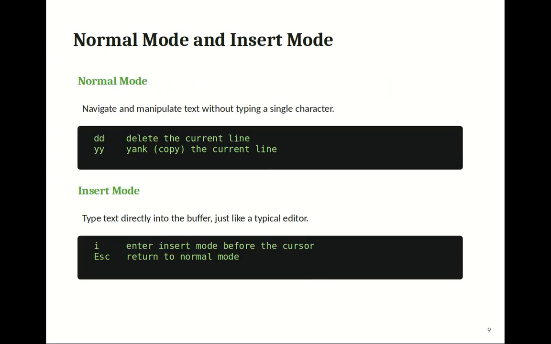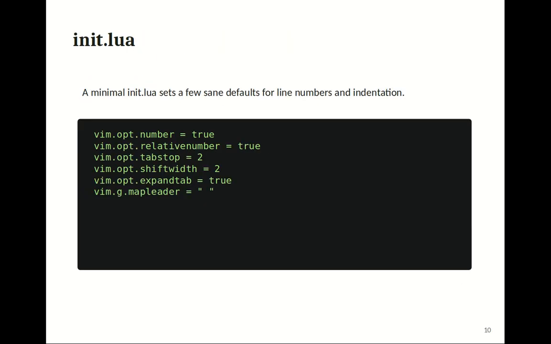Normal mode and insert mode. Normal mode: navigate and manipulate text without typing a single character. Insert mode: type text directly into the buffer, just like a typical editor. Init.lua.